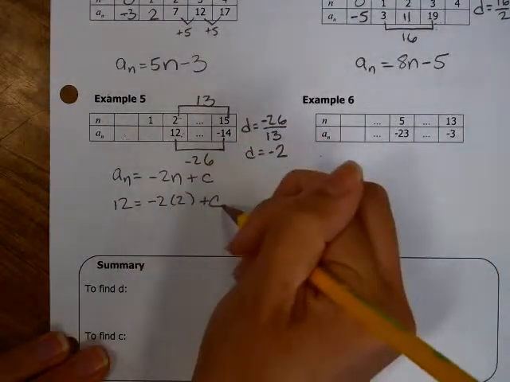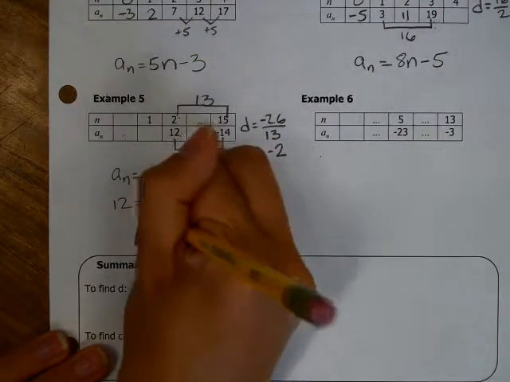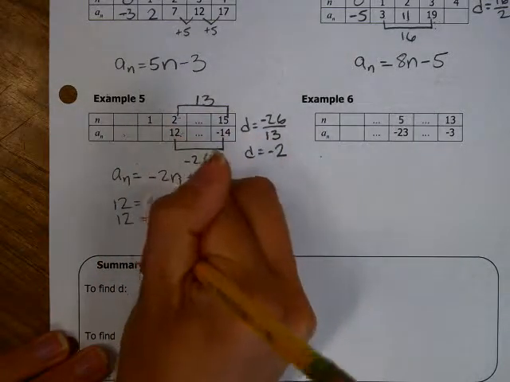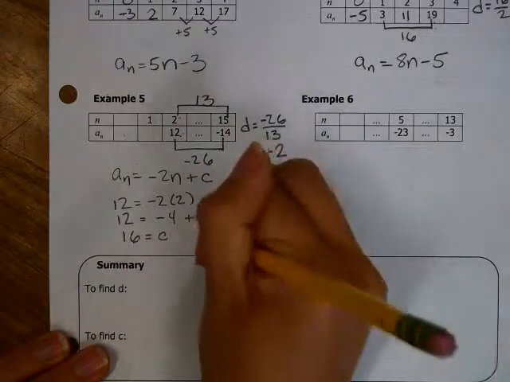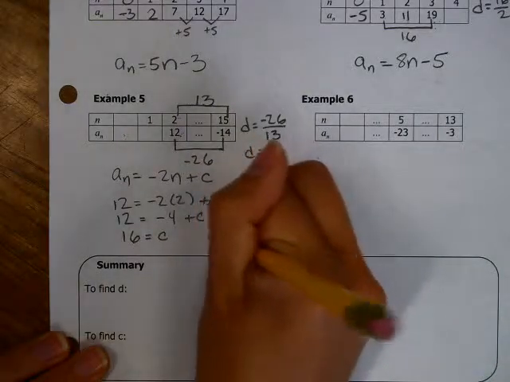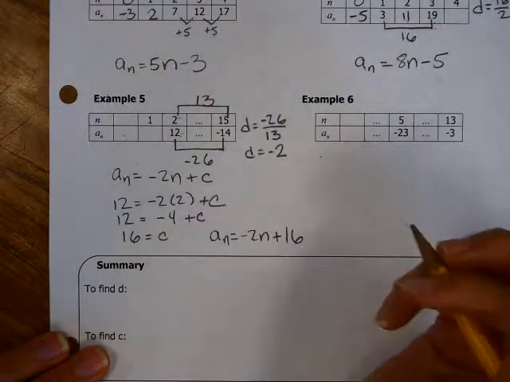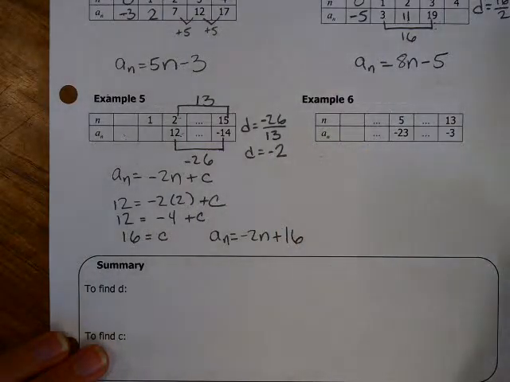Now we could solve this equation, find our 0 term, and we're done. So our formula, a sub n equals negative 2n plus 16. I'm out of time, so go ahead and try this one on your own.